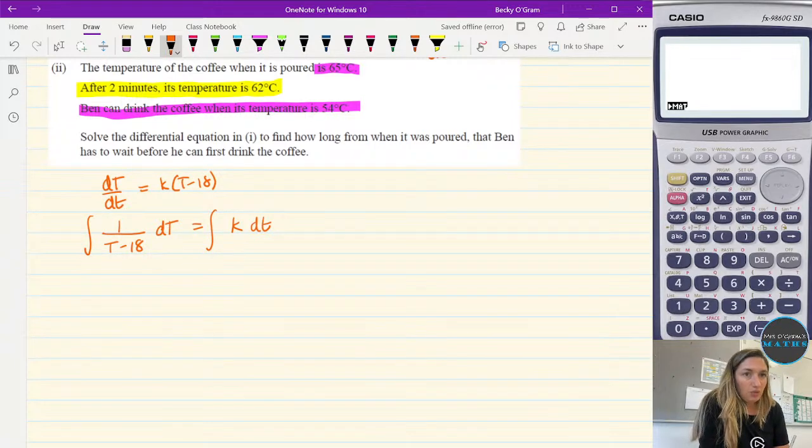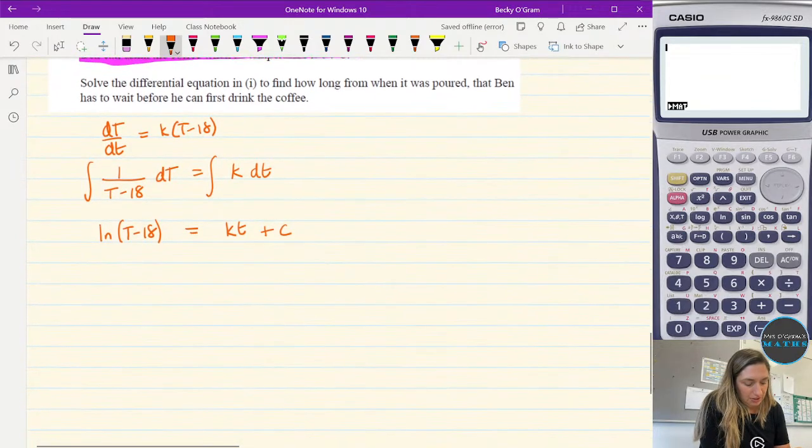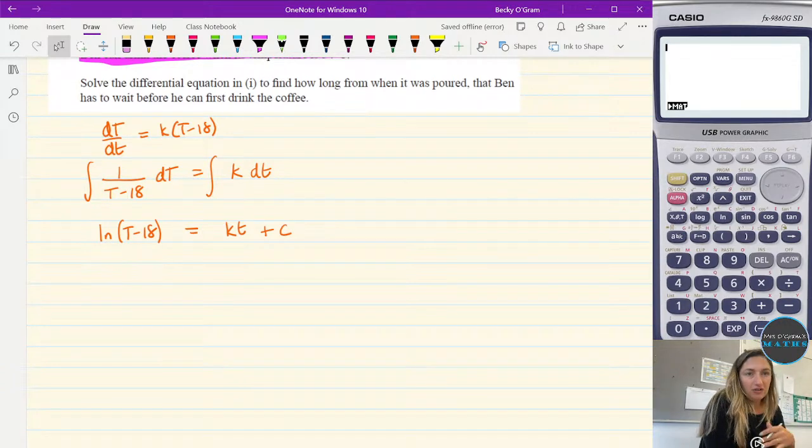If we integrate 1 over t minus 18, we get the natural log of t minus 18 is equal to kt plus c. Now, what I was using before was to then do e of both sides.